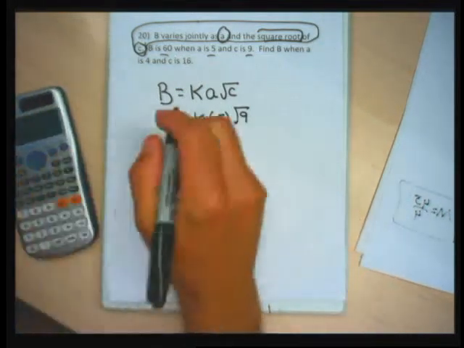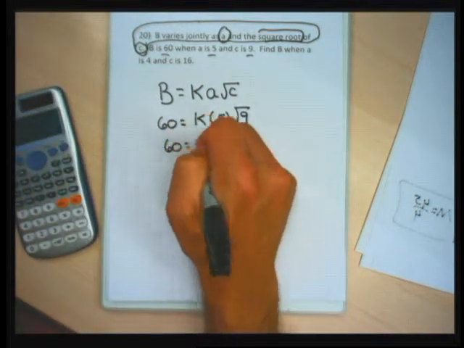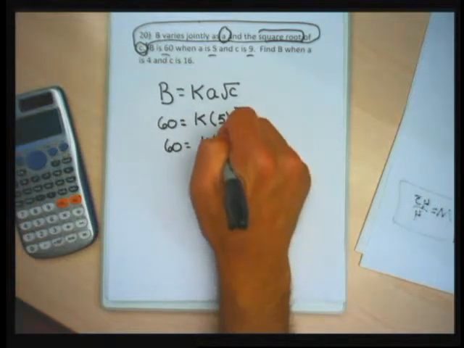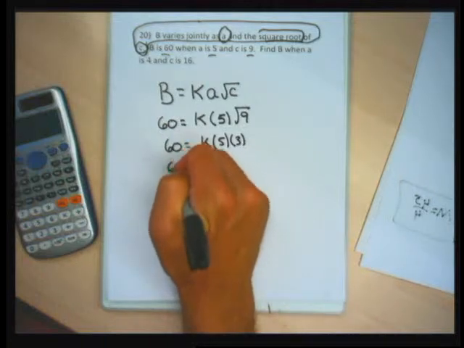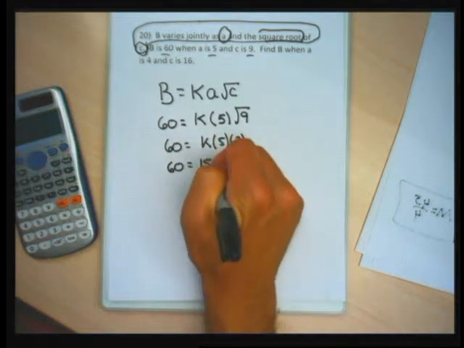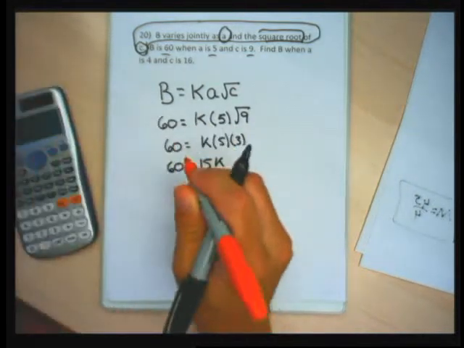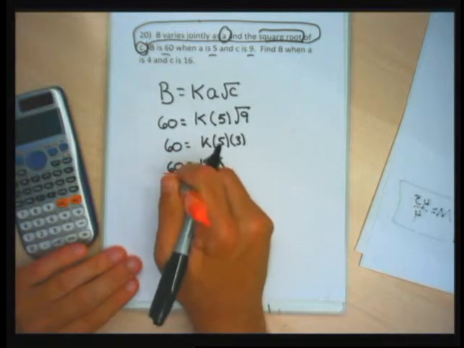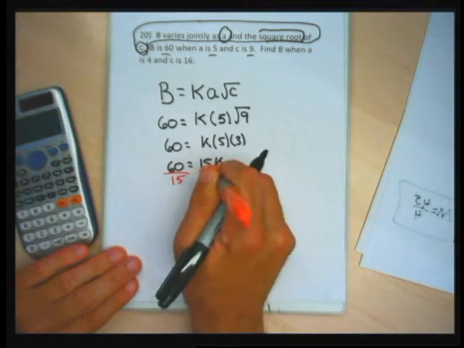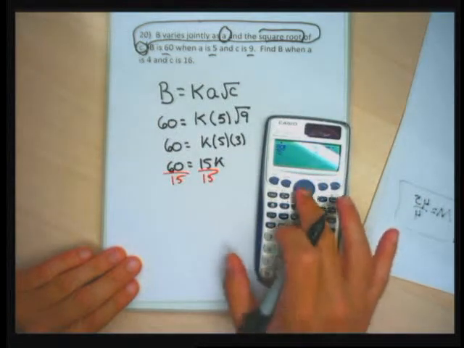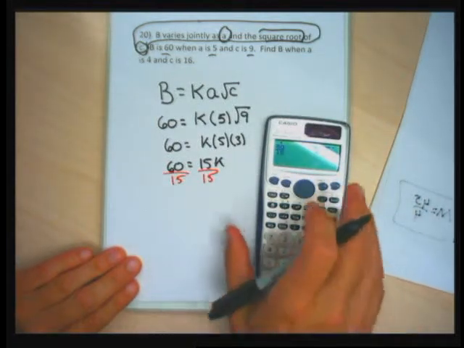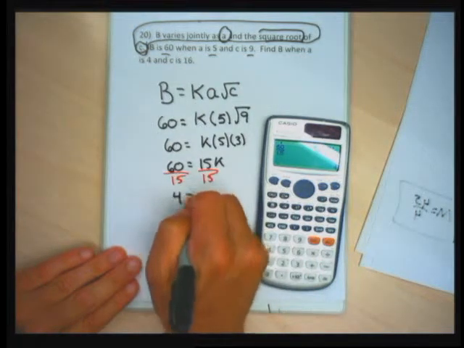So I can write this as 60 equals K times 5 times 3. And 5 times 3 is 15, so I get 60 equals 15K. And then I divide by 15, divide by 15, and I think that's 4, but I can do that on my calculator. It exactly is. So I get 4 equal to K.